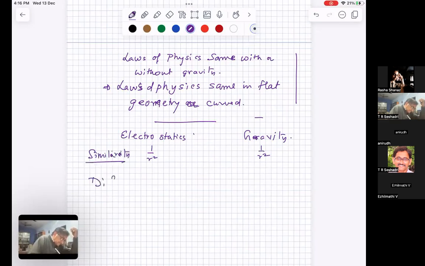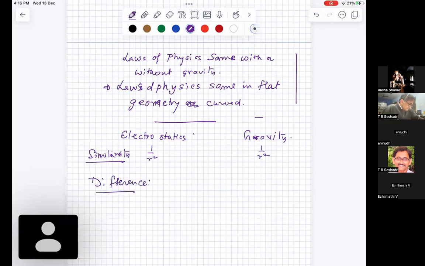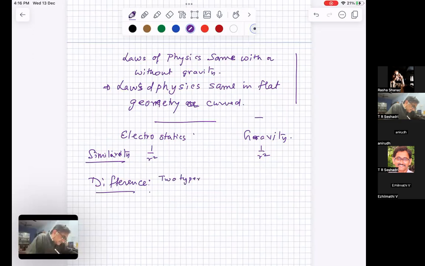What is the difference? Earlier, when they asked us what is the difference between gravity and electrostatics, first we used to say that electrostatics is either attractive or repulsive, and gravity is only attractive. In here, we have two types of charges, plus and minus.